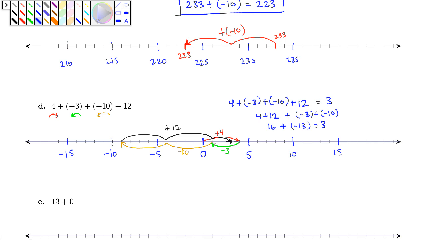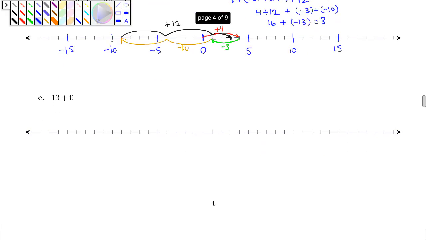Okay. 13 plus 0 is, so I'm going to go ahead and start at 13. And starting from 13, in order to add 0, 0 does not have any positive or negative direction.